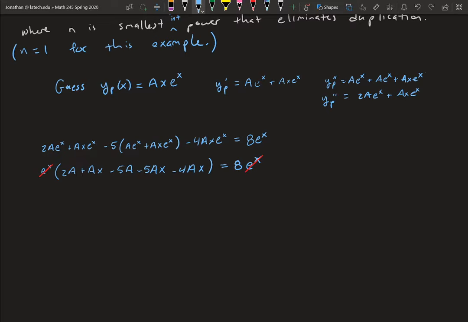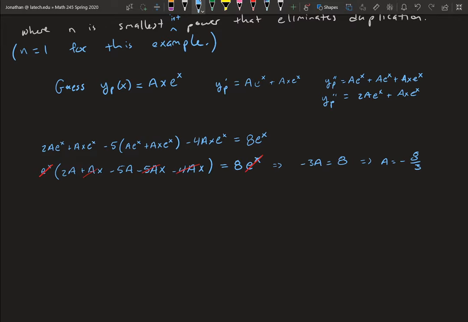Let's simplify the left-hand side, which gives us negative 3a. Or sorry, the ax terms, those coefficients all add up. So negative 3a equals 8, basically, and that tells us that a is going to be negative 8 over 3.